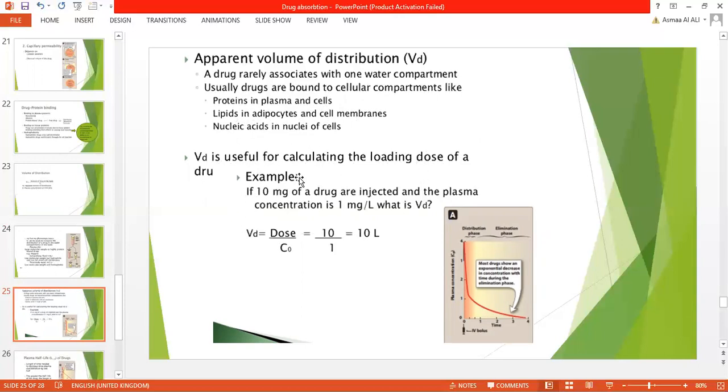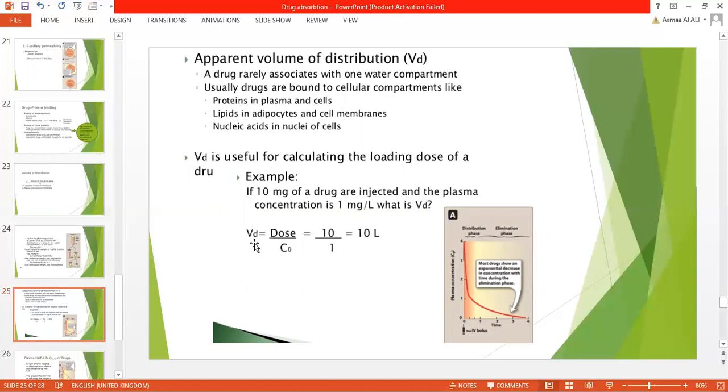For example, if 10 mg of a drug are injected and the plasma concentration is 1 milligram per liter, how can we calculate volume of distribution?